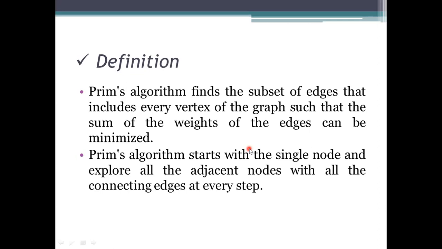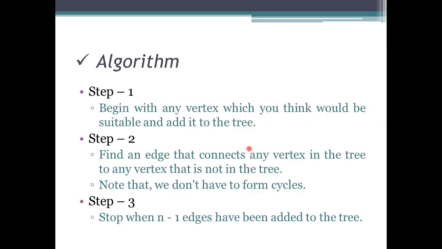There is no rule that you must start with one node or another node. We take a node and explore all its adjacent nodes, the adjacent vertices are connected with edges, and we add the edges which have the minimum value. That is the algorithm here.